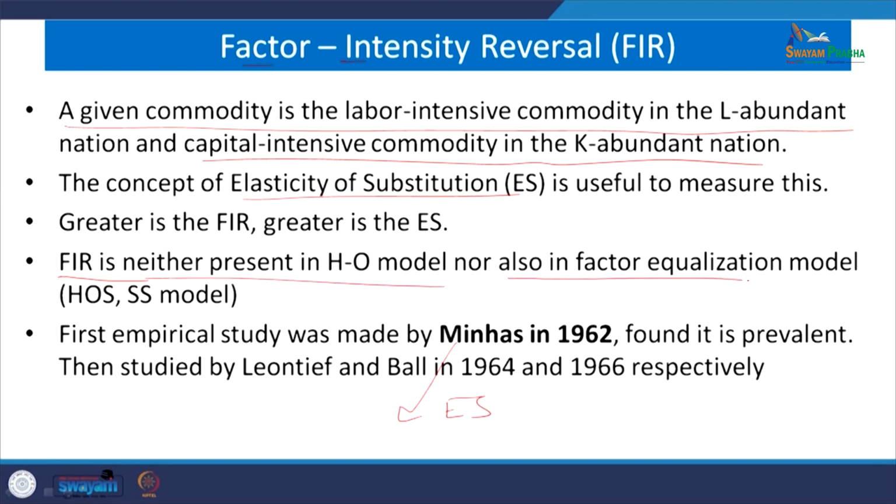So FIR, that is factor intensity reversal, is neither present in the HO model, nor in the factor price equalization model by HOS, nor in the Stolper-Samuelson model. So FIR contradicts all the models discussed so far. Actually, it is quite obvious that a commodity cannot be intensive in the same factor in all the countries.